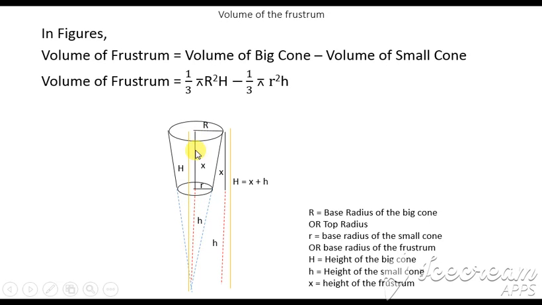The x, the one in black, is the height of the frustum, the bucket. You agree with me that to calculate the height of the big cone, represented with the capital H in yellow, you add this x, the height of the frustum, to this small h, the height of the small cone that was cut out, and that's how you get your H.